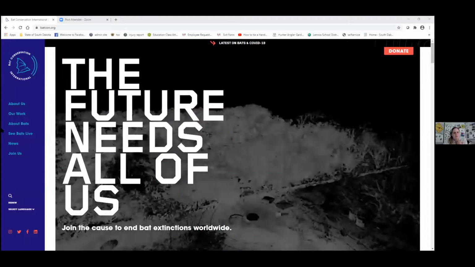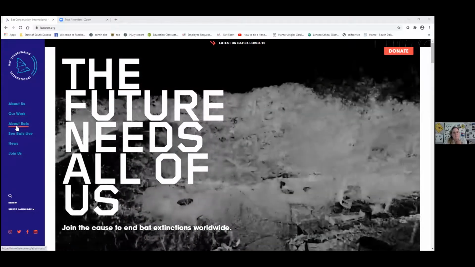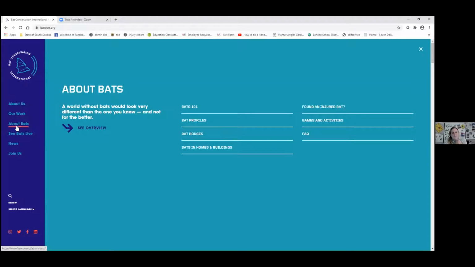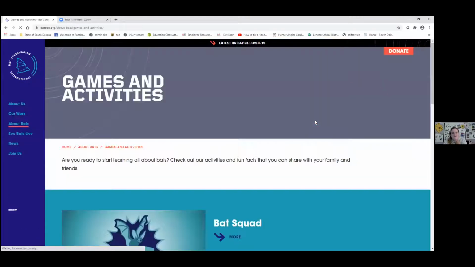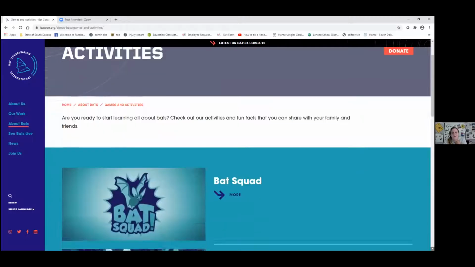But if you want some more hands-on stuff, go to About Bats. They've got a whole bunch of information here. Bat basic information, the different profiles of bats. Here's your bat houses, designs for that. What to do if you find an injured one, and then games and activities. This is a fun place to be.